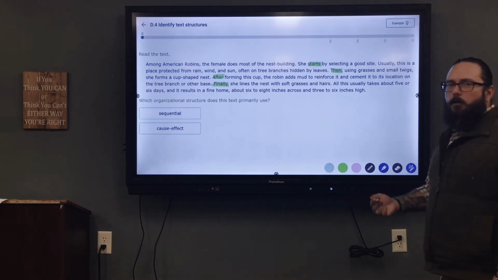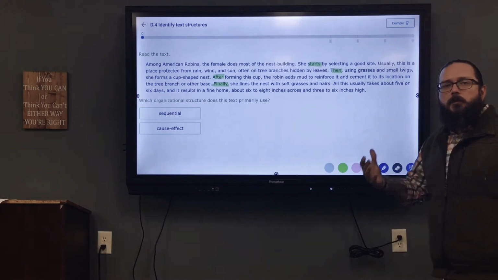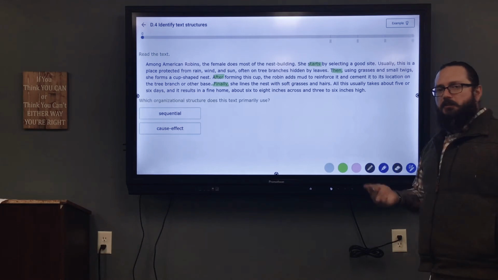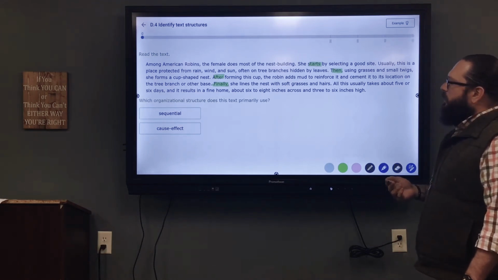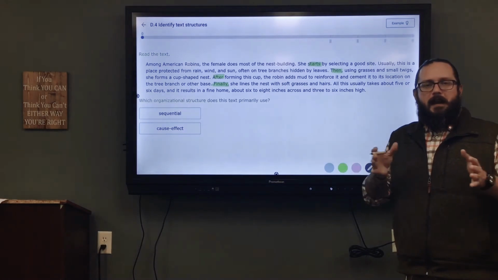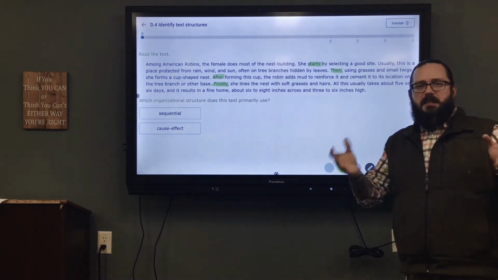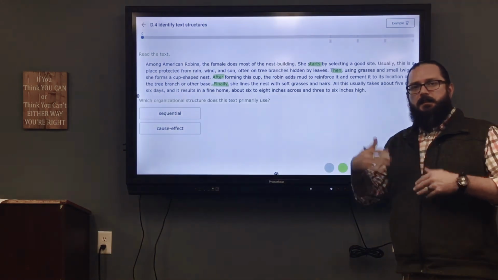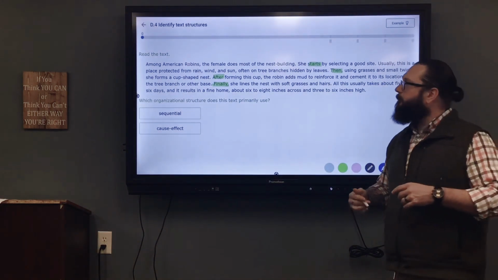What do these words clue us in regards to the structure being used? Well, it sounds to me like we are being told about a process. You do this first, and then this next.